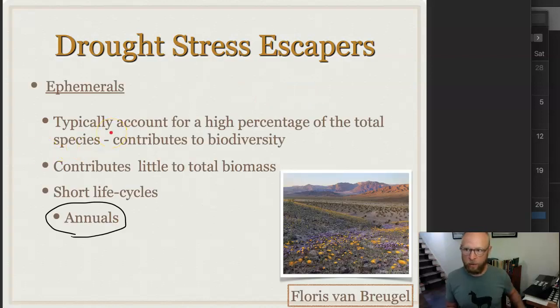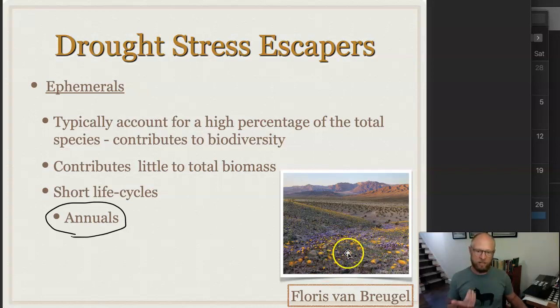The other two things I want to say about the drought stress escapers is in desert ecosystems, they're really important in providing a large amount of biodiversity. So that's where the biodiversity of deserts comes from, which can be quite high in deserts, but they contribute very little to the biomass. Even in a good year, with this picture here, you can see a lot of these purple and yellow flowers in the foreground. Those are annual plants.